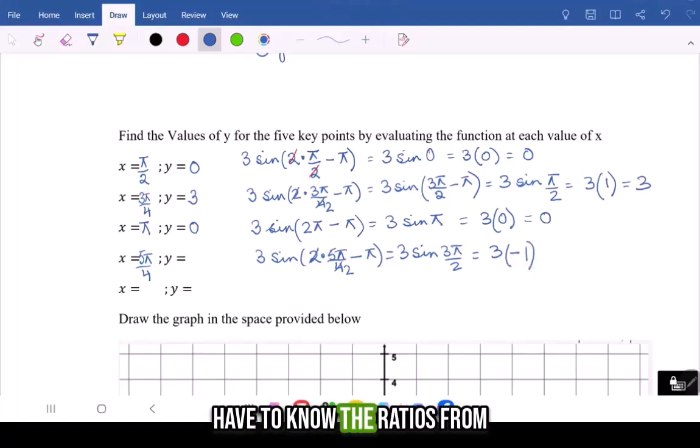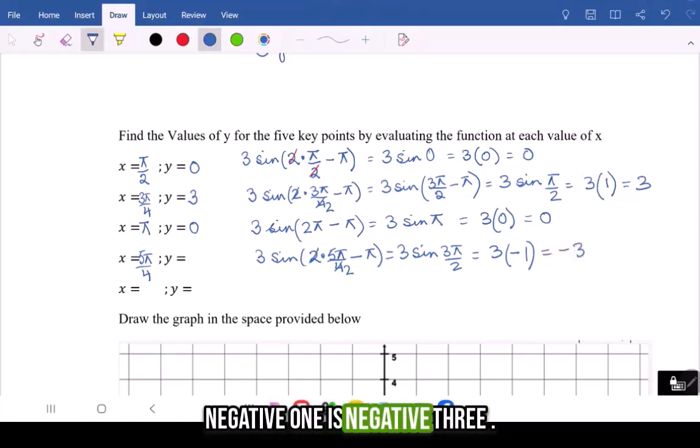You have to know the ratios from the special angles table. You have to have it memorized, please. Otherwise, you will get all the answers wrong here. You're not allowed to use calculators on your tests. Therefore, make sure that you know your special angles table well enough. So 3 times negative 1 is negative 3.